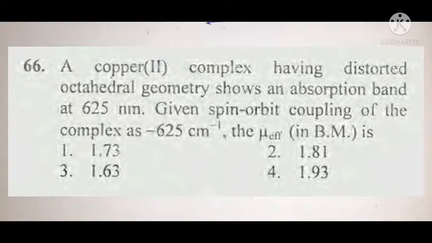Now friends, when you carefully observe this question, it contains a complex of copper second having distorted octahedral geometry. If you remember, there was a question asked in your June 2016 CSIR NET exam, in which they asked about the expression of magnetic moment which is responsible for a greater value of magnetic moment of copper second complex than 1.73.